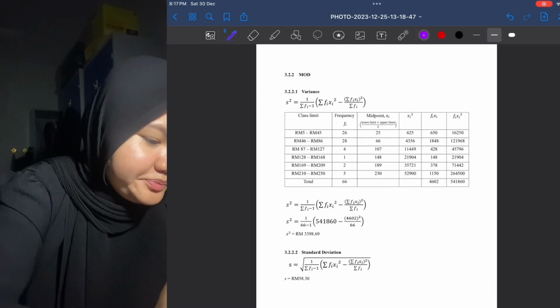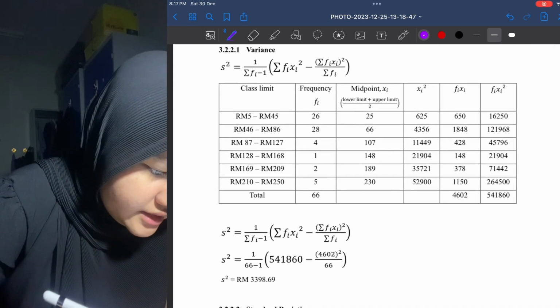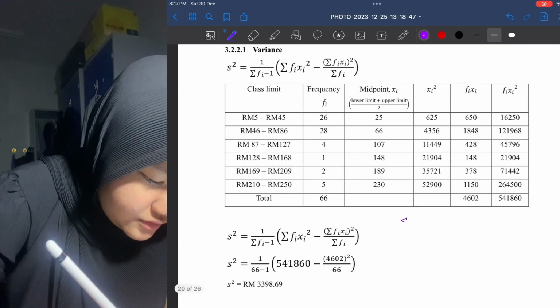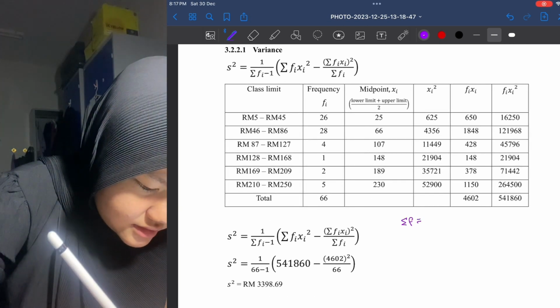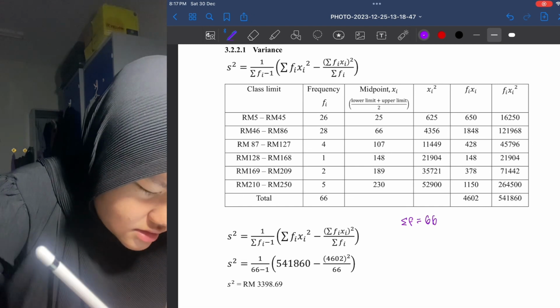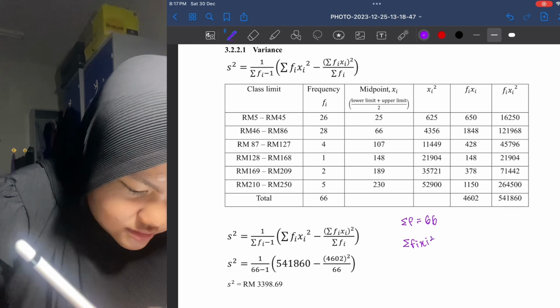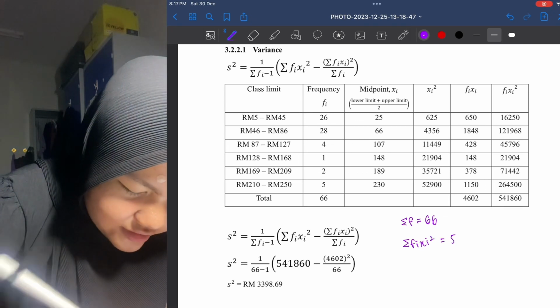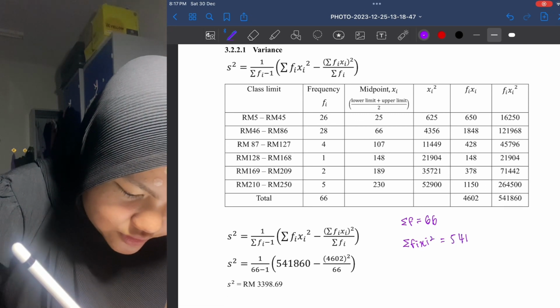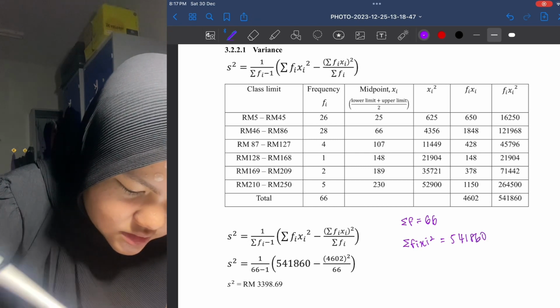Okay. Total frequency is 66. Total frequency multiplied by midpoint to the power of 2, you will get 5,041,860.